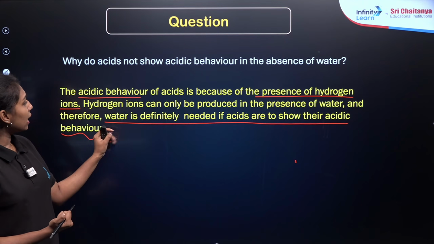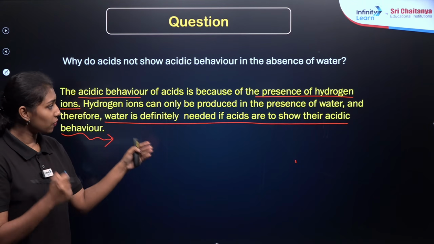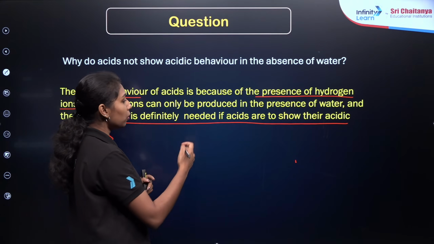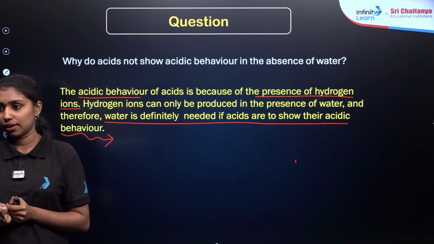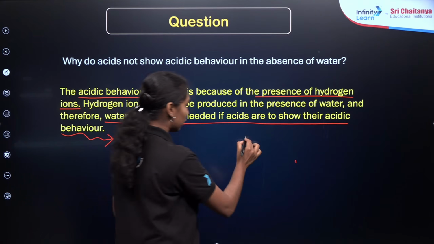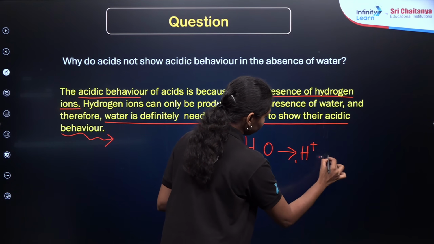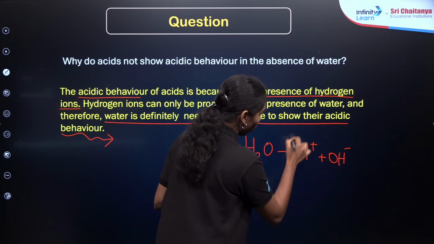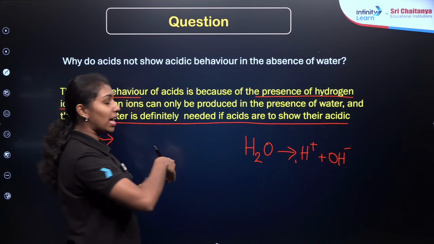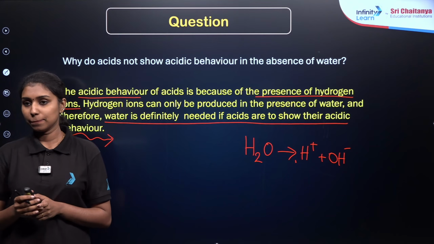In the presence of water only will they provide the H+ ion. So that is why water is essential for acids to show their acidic behavior. Clear? In water, we know that H+ and OH- ions are present, right? So this H+ ion is required for the acid to show acidic behavior.